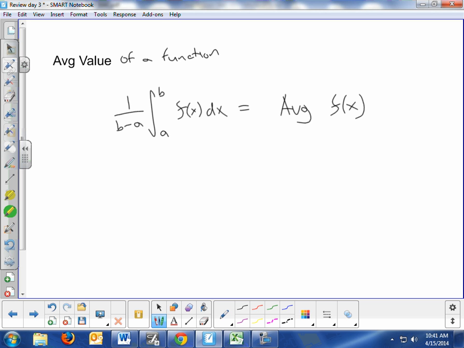That's very important. If you're asked to find the average velocity, even though velocity is the antiderivative of acceleration, you're not going to use acceleration or position. If you're trying to find the average velocity, you plug your velocity function into your integral, and that will give you your average velocity.